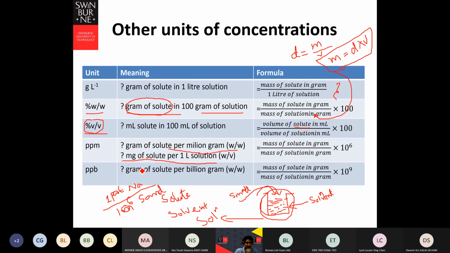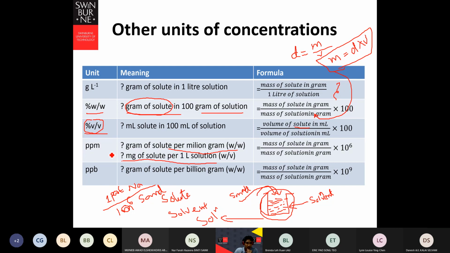When we go to the sea beach, walking on the sand, if we find 1 part of sodium in 1 million parts of sand, we will call this 1 ppm. The concentration of sodium in the sand is 1 ppm.